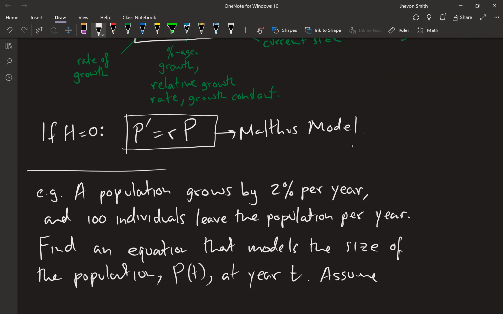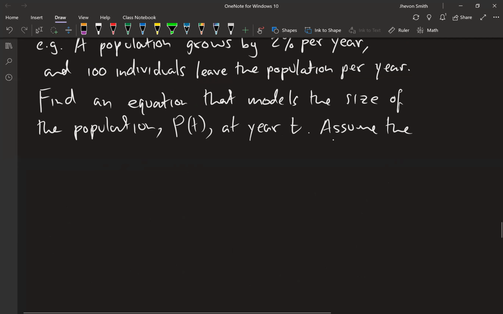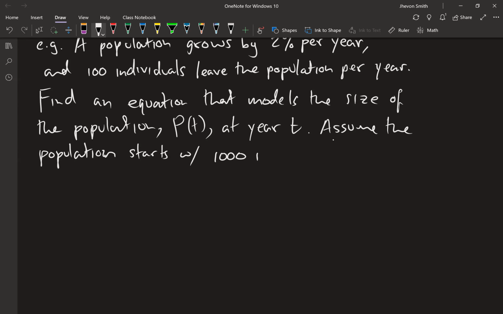Assume the population starts with 1,000 people.